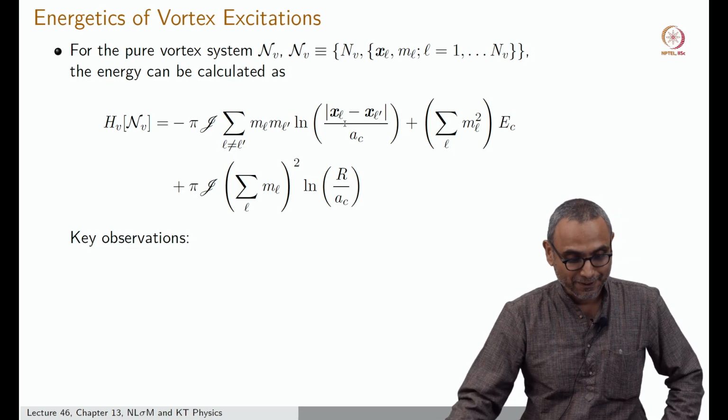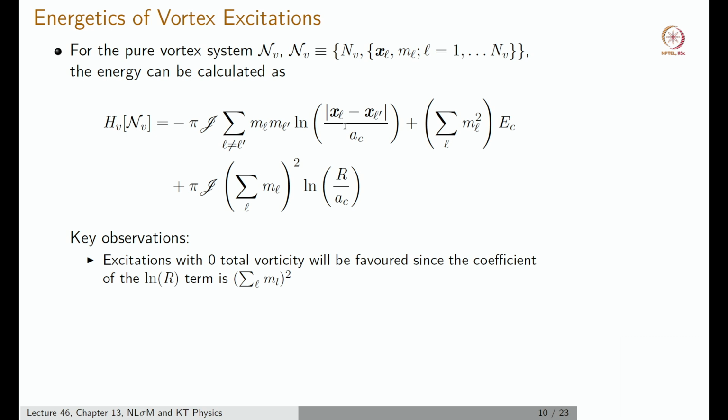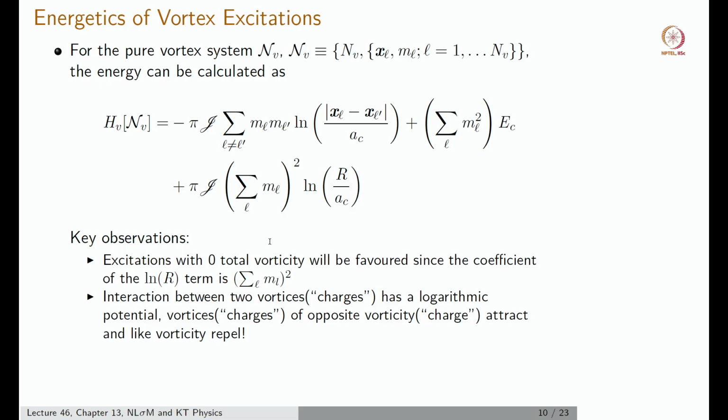So what are the key observations we can make? Excitations with total vorticity 0 will be favored. We already made that point. You can now interpret these vortices as charges with a logarithmic potential, right? So you can map this into some electrostatic problem. So what is the electrostatic problem specifically?